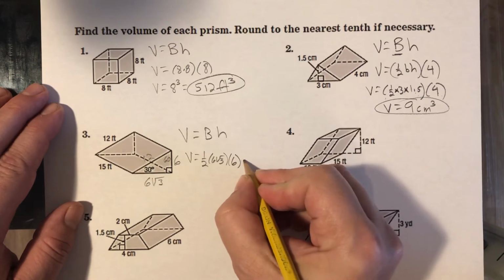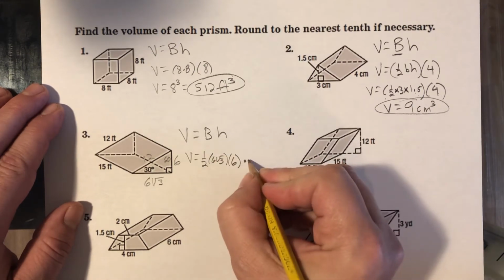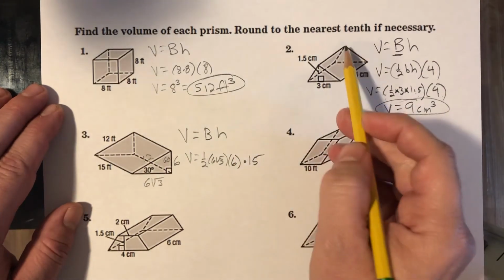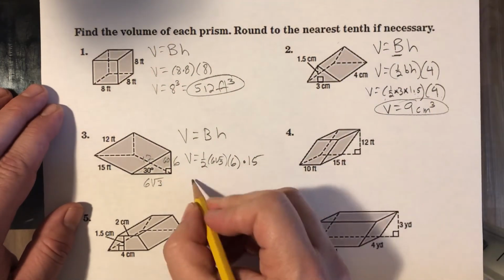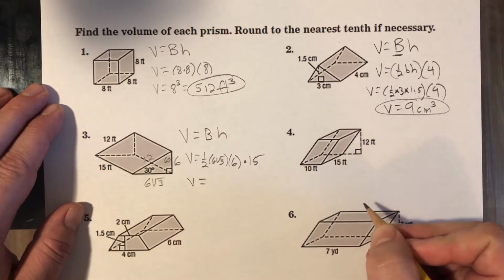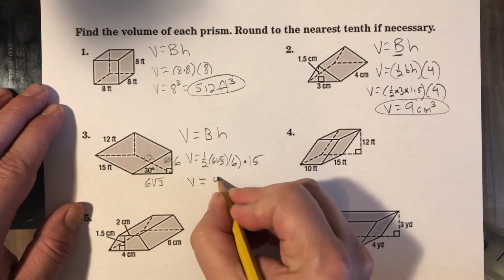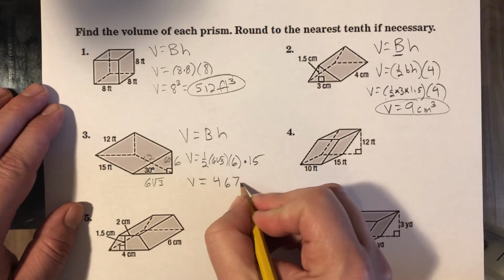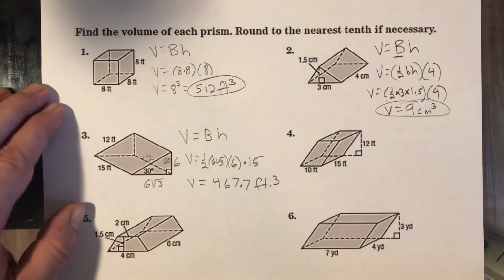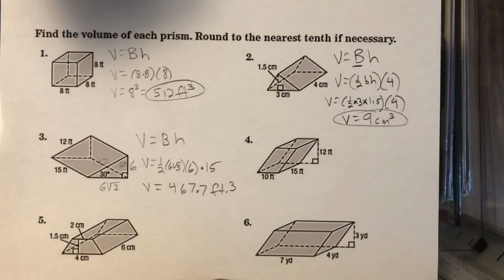And then if you do the height of the prism, it's 15, okay? So, and it says to round to the nearest tenth if necessary. Obviously, with that 6 square root of 3, we're going to have to do some rounding here. So once you multiply all this on out, we can say it's 467.7 cubic feet. Okay? All right, let's look at number 4 over here.